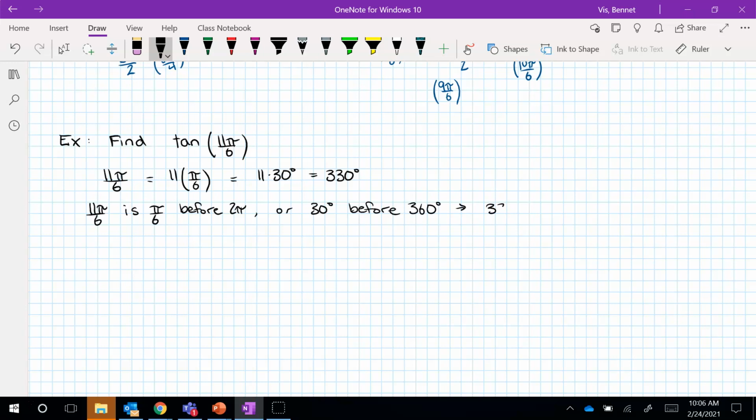So that would also let me know that I'm at 330 degrees. Or you can just think about it in terms of your rotations, like I'm 11/12ths of that full rotation. And so knowing where that is on the circle lets me know I'm dealing with a 30, 60, 90 triangle in quadrant 4, just underneath that 360 degrees.